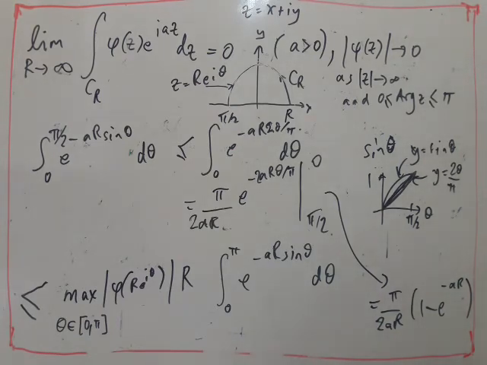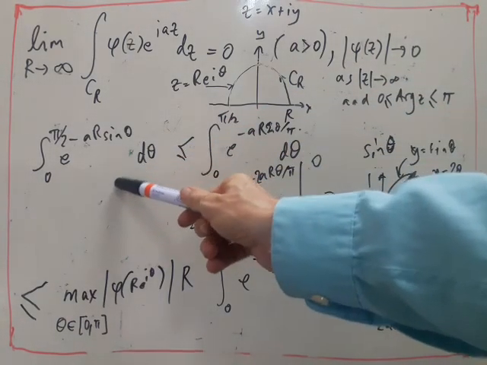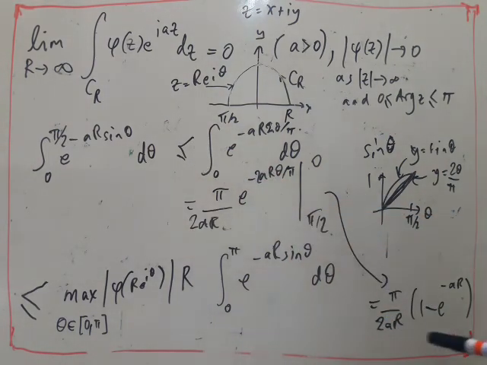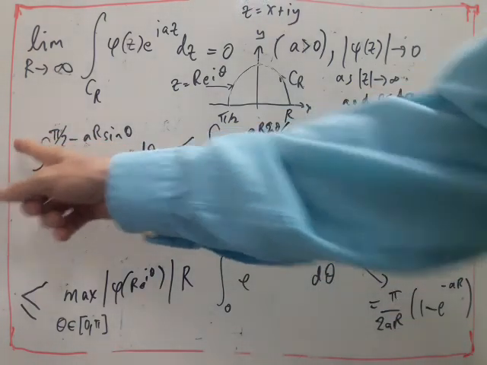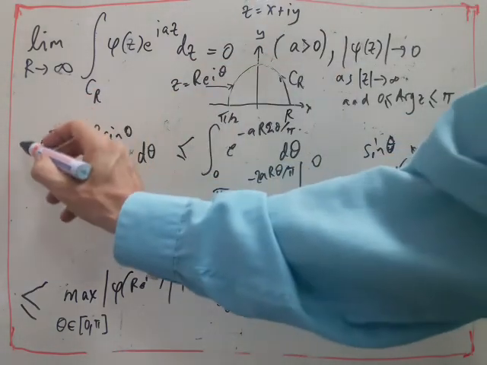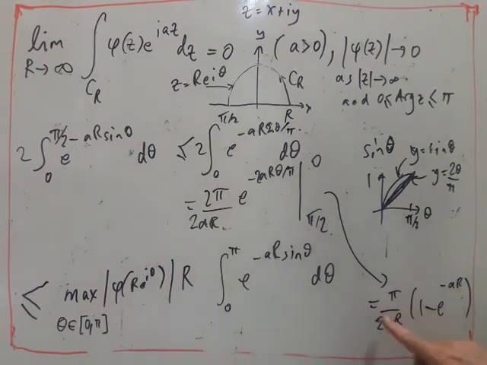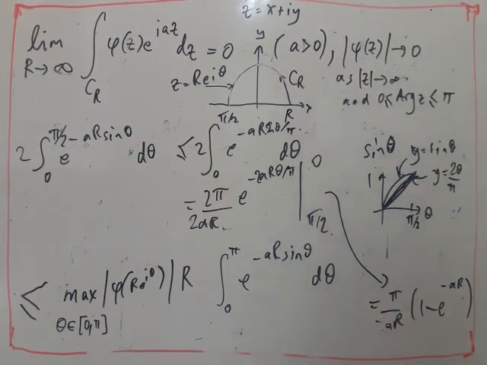Okay, so we know that this integral here, which is twice its integral here, is definitely less than this quantity here. So if I double things, so I just put a factor of 2 in front of everything, and then I get rid of that 2 there.